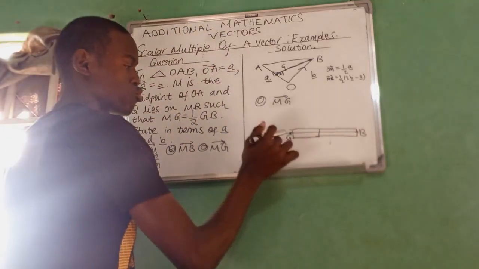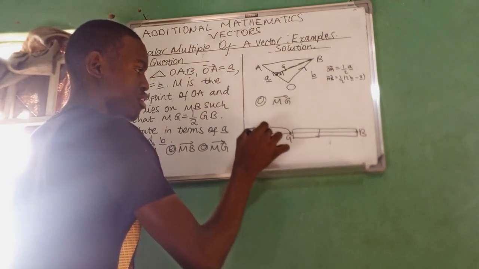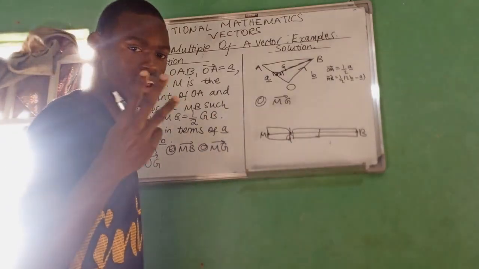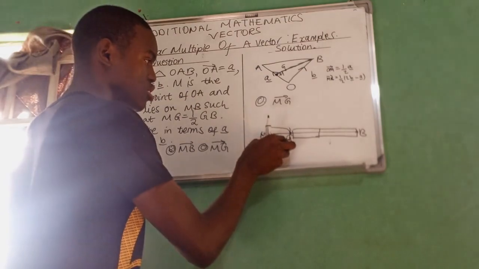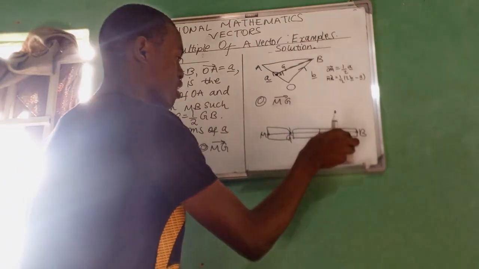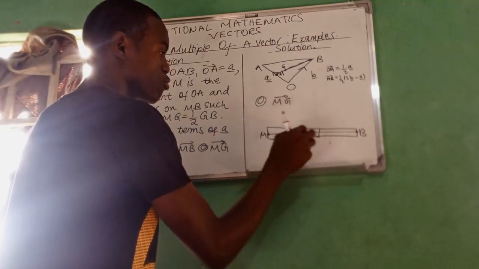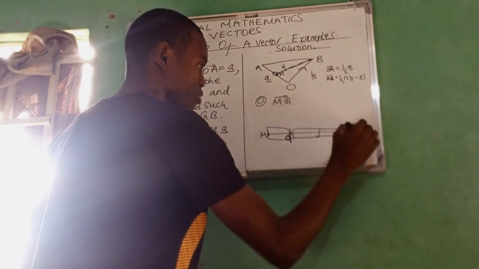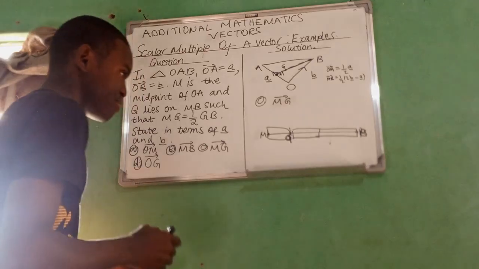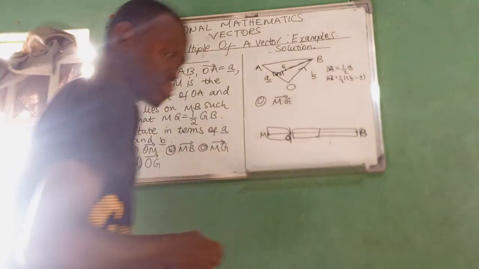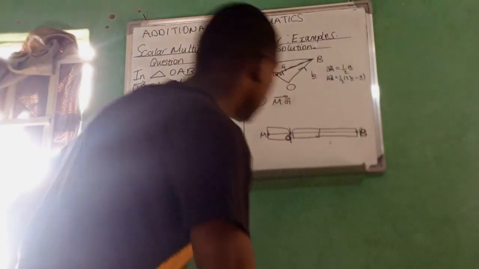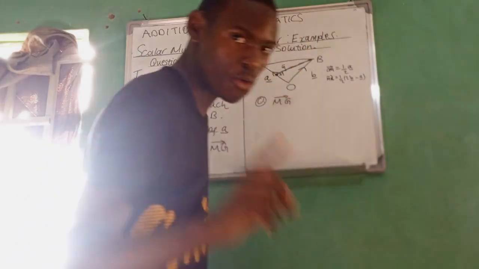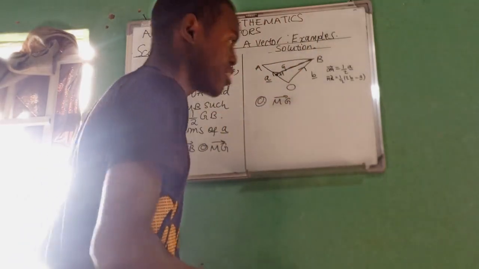So we can have 2 of these, and this line is divided into 3 parts: there is one MG, another MG, and another MG. So this MG is half of this G to B. So the line is divided into 3 parts, and for us to find MG, we take 1 out of the 3 parts, which is 1/3.